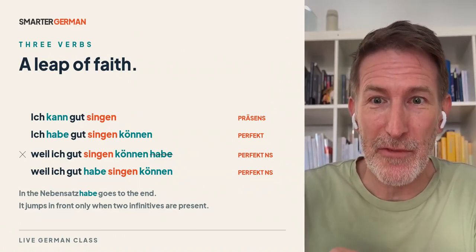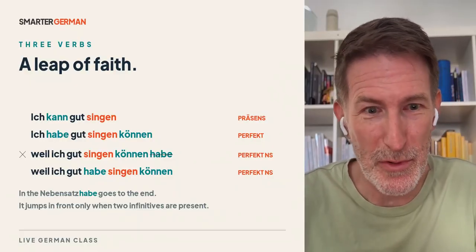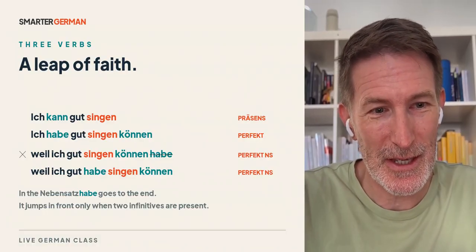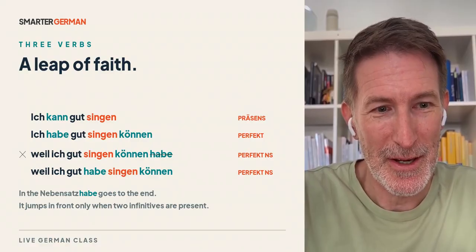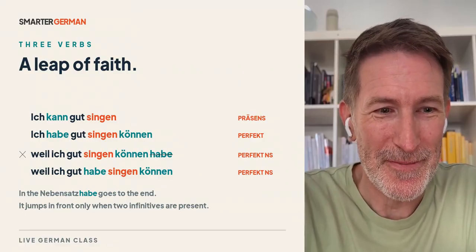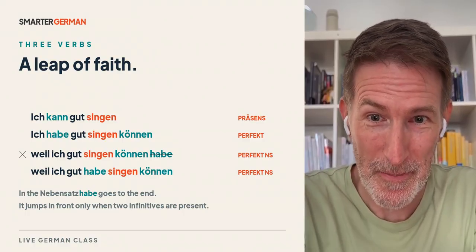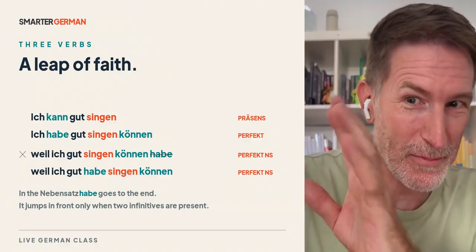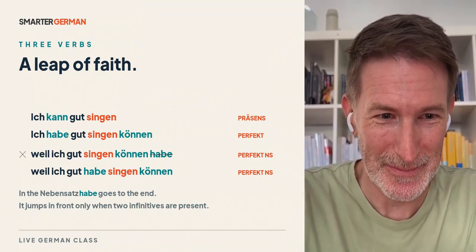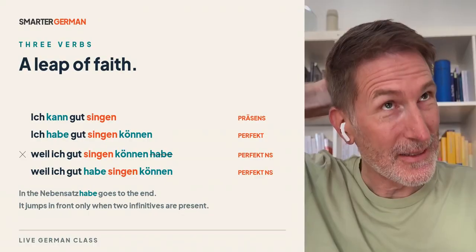And the conjugated verb is so far to the back that Germans have forgotten already where to put the E. And that's why you have to put it here. This is the madness. This is the beauty of German grammar if you have more than 2 verbs. Weil ich gut habe singen können. Beautiful. But this is B2. I told you you had to earn this. So anyone below B2, don't worry about it. You will get there. Yeah, that was nice.